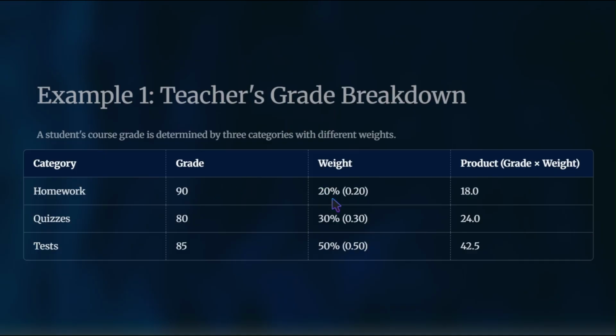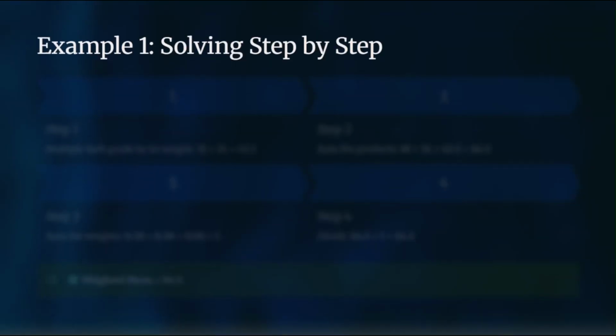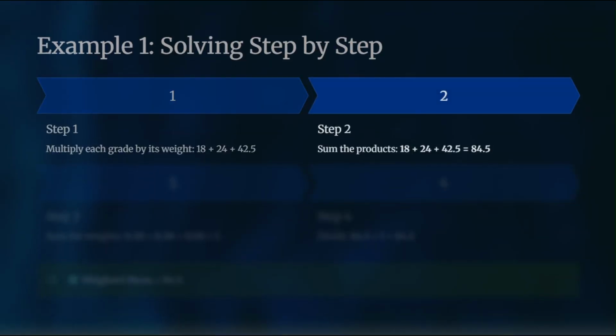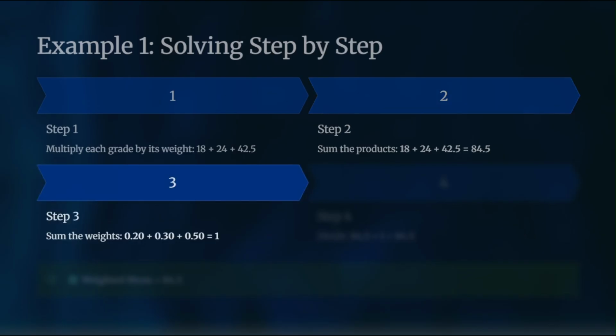So 90 times 20% or 0.20 would be 18, 80 times 30% will be 24, and 85 times 50% will be 42.5. Now that we've multiplied each grade by its weight, we can sum the products. That will be 18 plus 24 plus 42.5, which is 84.5. Next, we sum the weights.